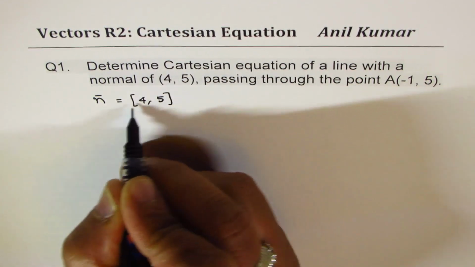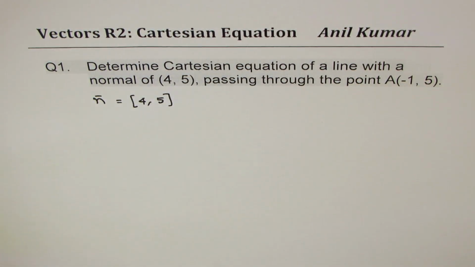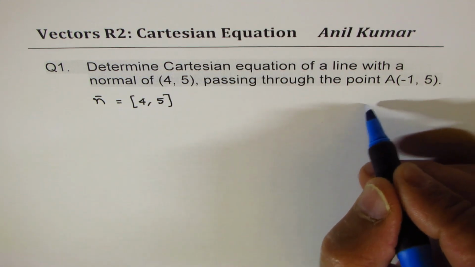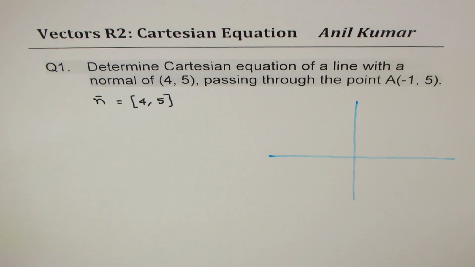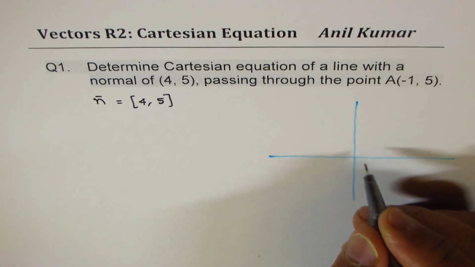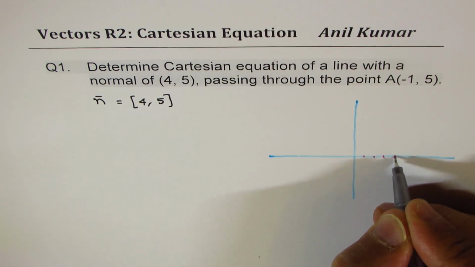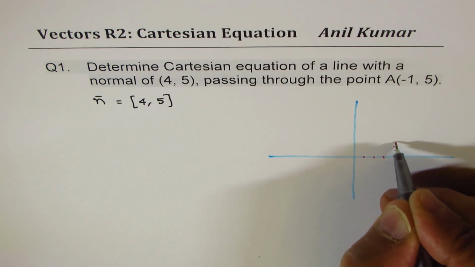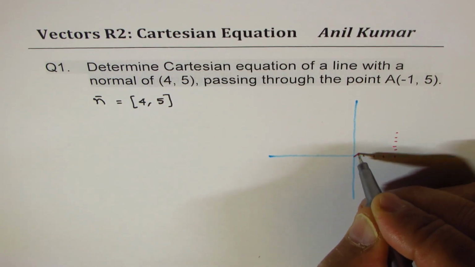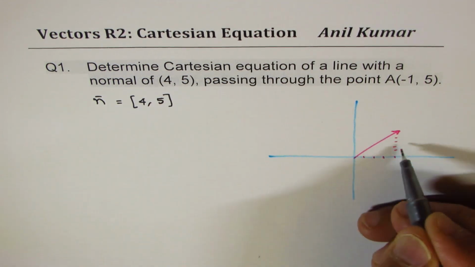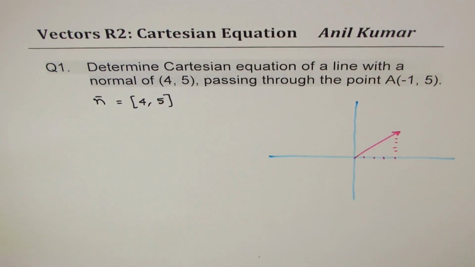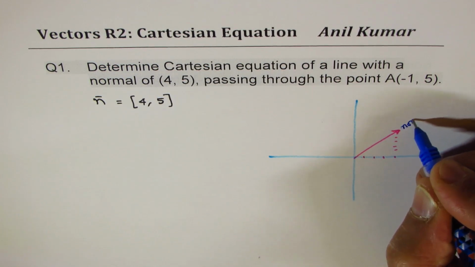When I write like this, I mean 4 units, 1, 2, 3, 4, and 5 units, 1, 2, 3, 4, 5. So that becomes the normal vector, right? So that is the normal axis.